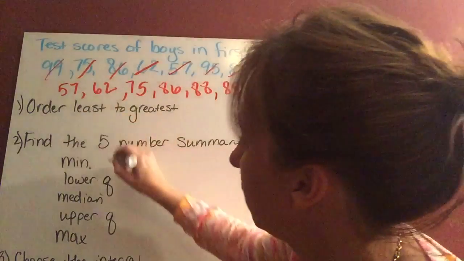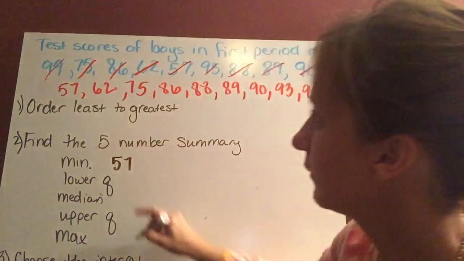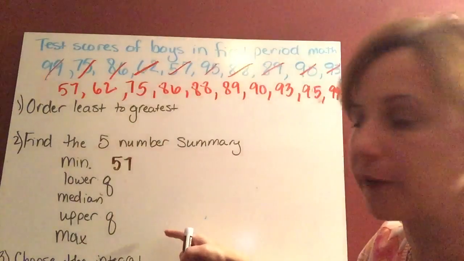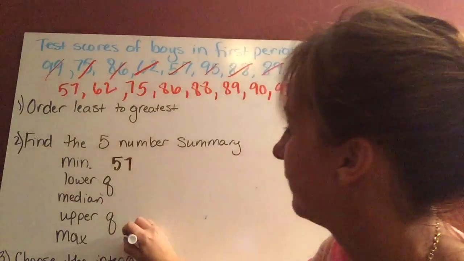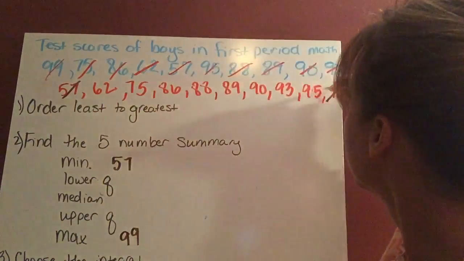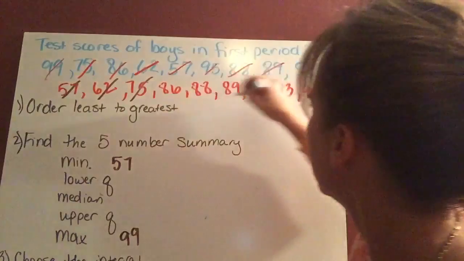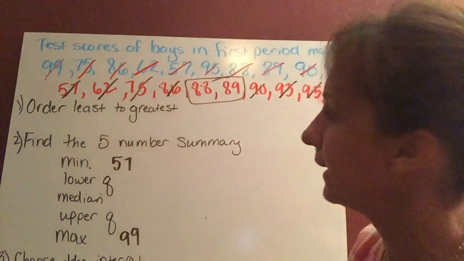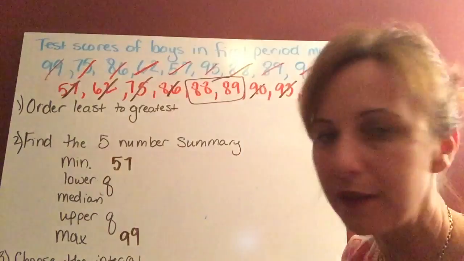Minimum was 57. Lower quartile, let's come back to that one. I like to do the easy ones first. Maximum, 99. Our median, so there is 88 and 89, and we have to find the middle of those.